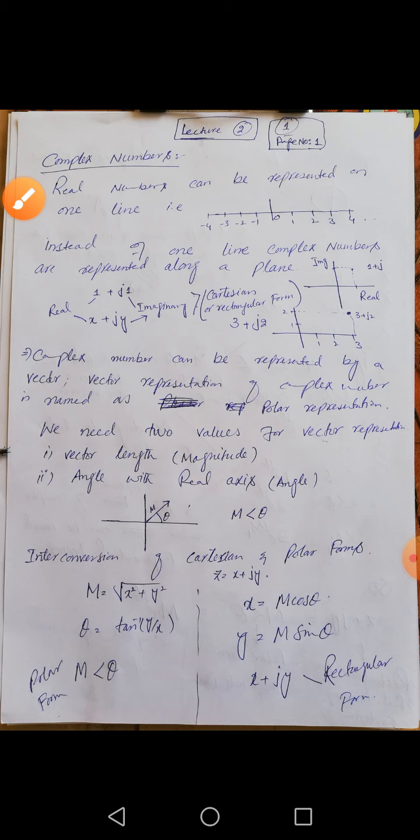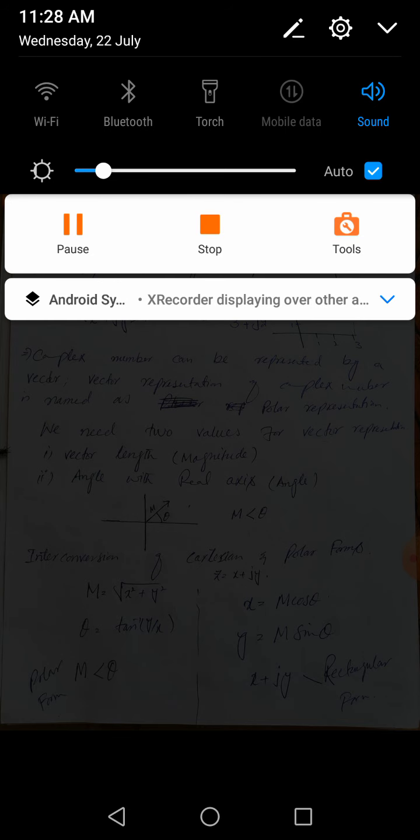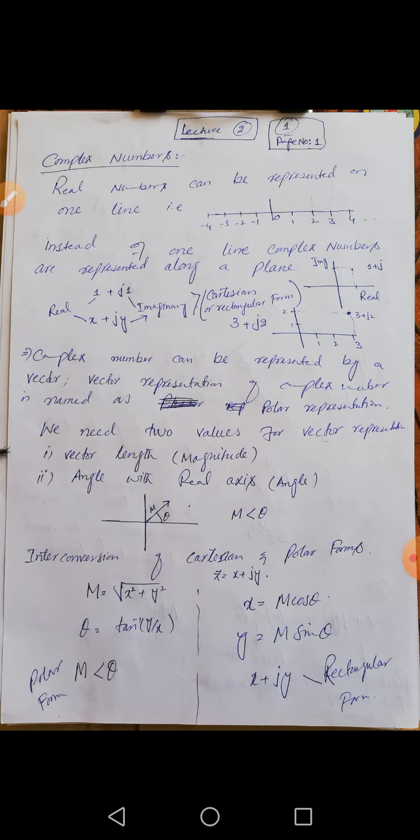Now, as we know, a complex number can also be represented by a vector, and the vector representation of the complex number is named the polar representation. For polar representation we need two values.